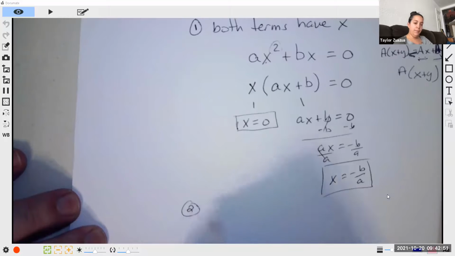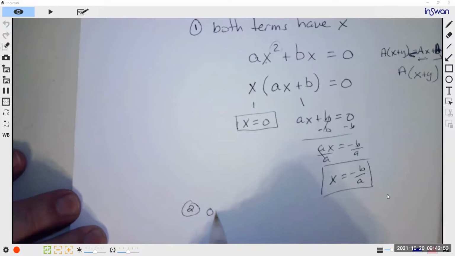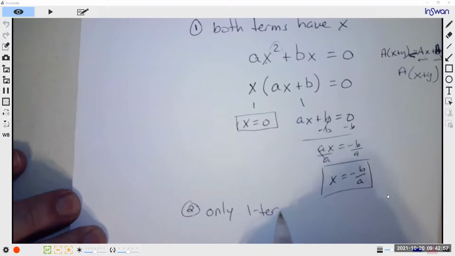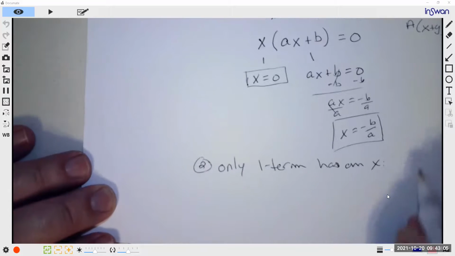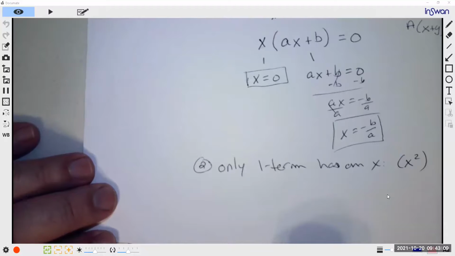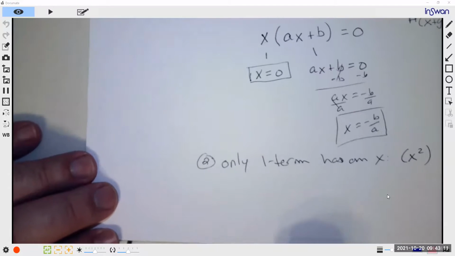The second way is if only one term has an X. In other words, it has to be the X squared, because if it doesn't have an X squared, it's not quadratic.